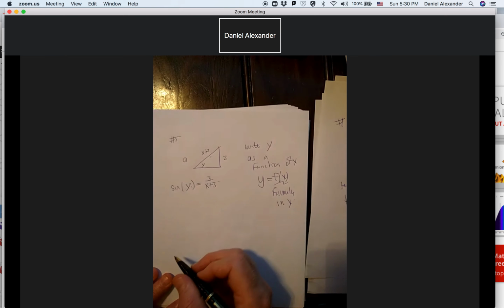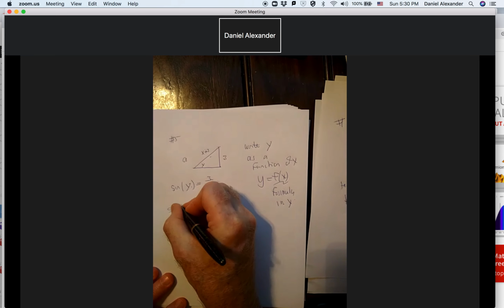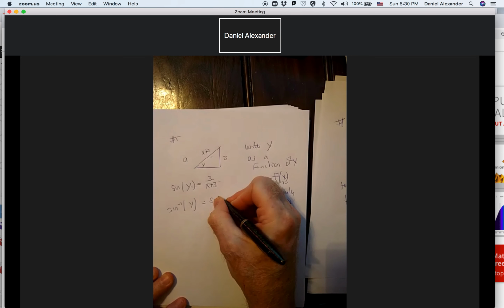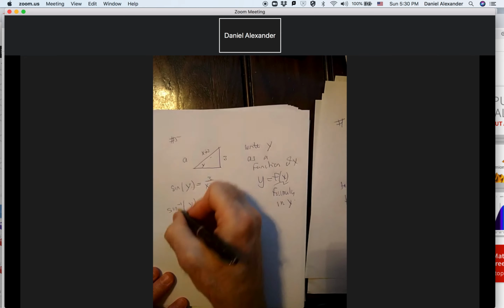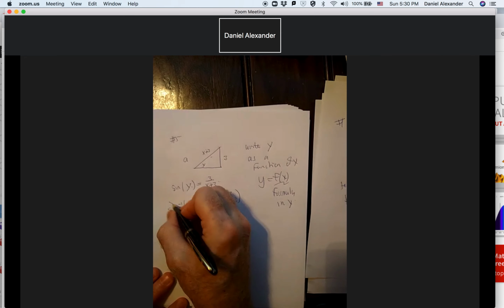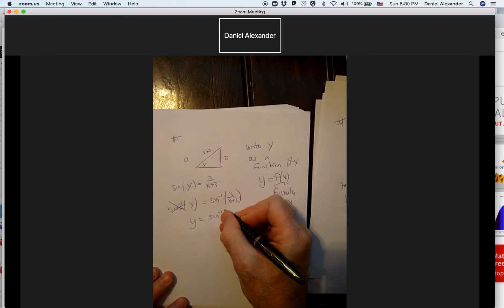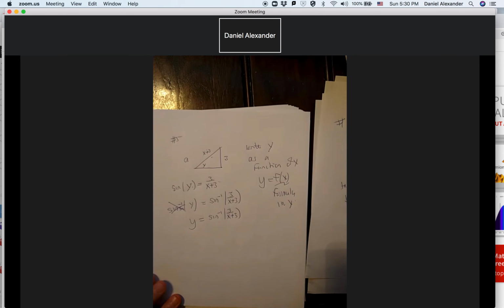What I do is take the sine inverse of both sides. That's the sine inverse of the sine. That cancels. And I'm going to get y equals sine inverse of 3 over x plus 3. That's my function of x.